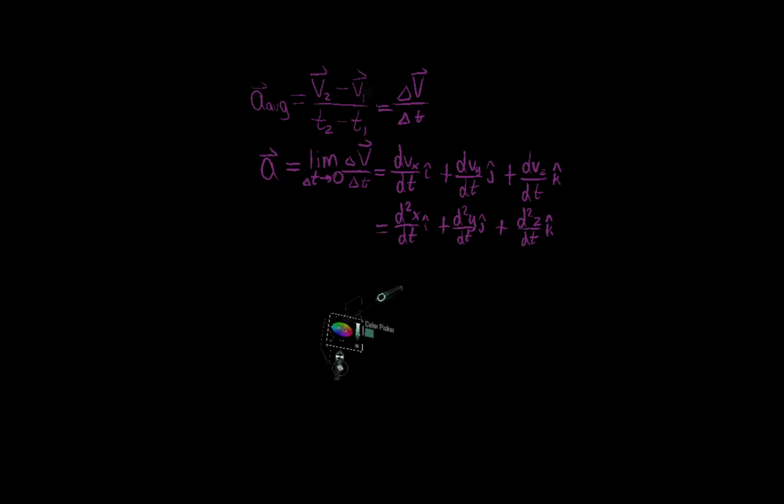So let's do a path in the color I was using for position before. If your path is like this, then your velocity, which I believe I used this kind of reddish color, is tangent at all points, right?